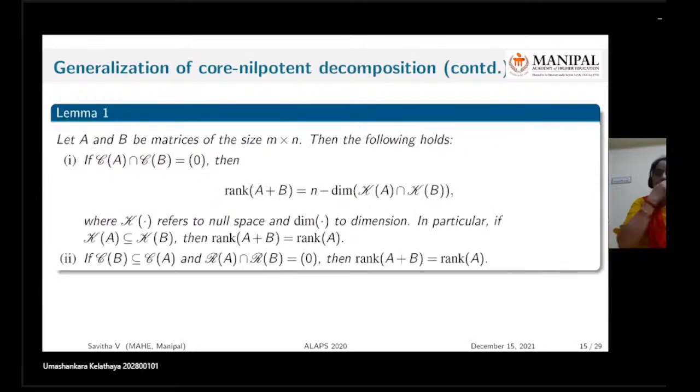Now, in this process, we come across a few basic standard results. Let A and B be matrices of size m by n. Then the following holds.